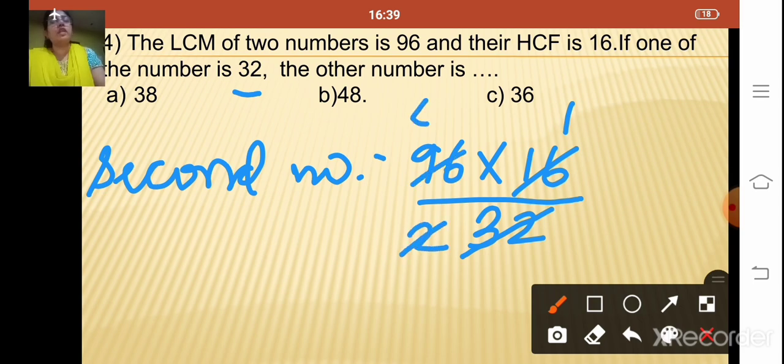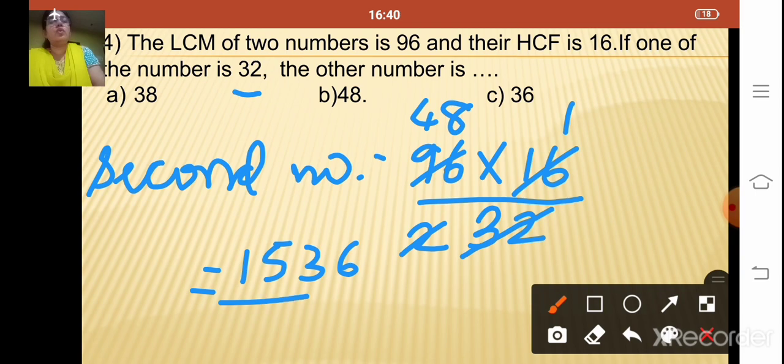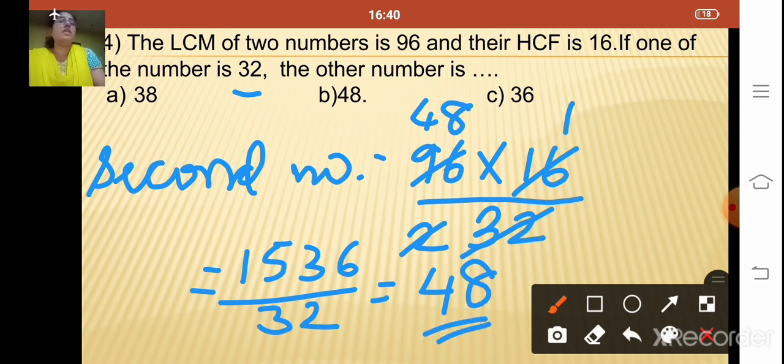Your answer is 48. And if you multiply 96 into 16, you will get 1536. You can divide it by 32 and you will get the same answer, 48. So your correct option is B1.